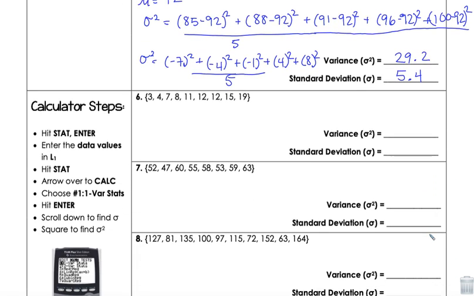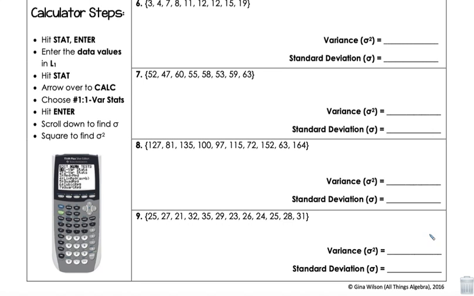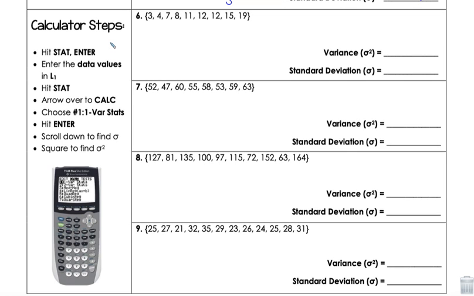So there is a shortcut to do this, and that is by using your calculator. The TI-84 is what I would recommend for this. The calculator steps are listed here. You want to start by hitting stat on your calculator, and that is the button right here under the delete button.